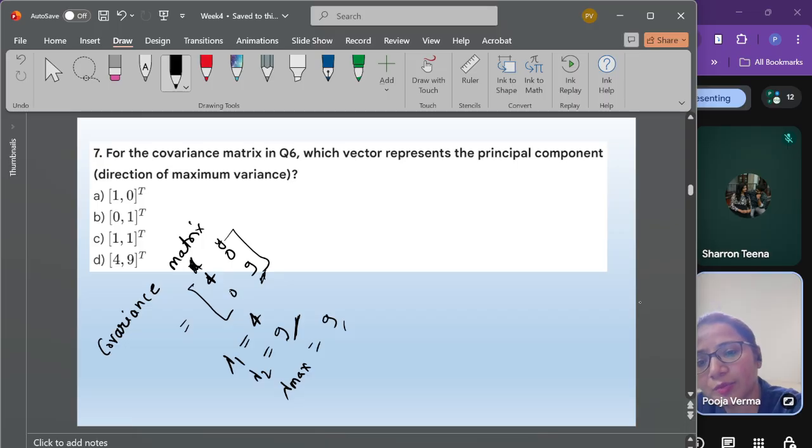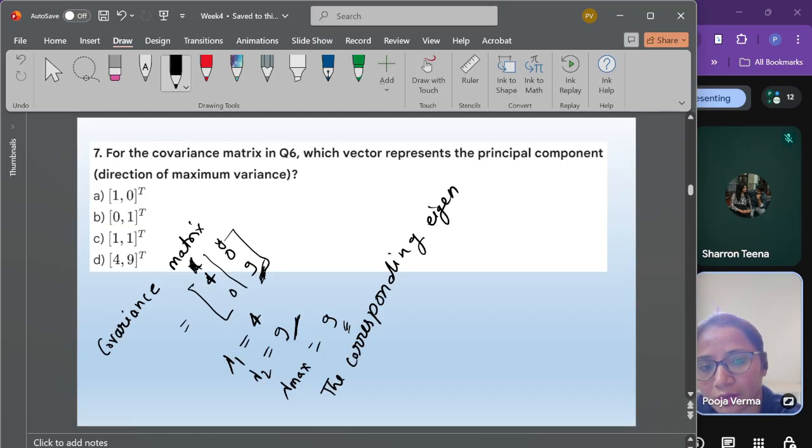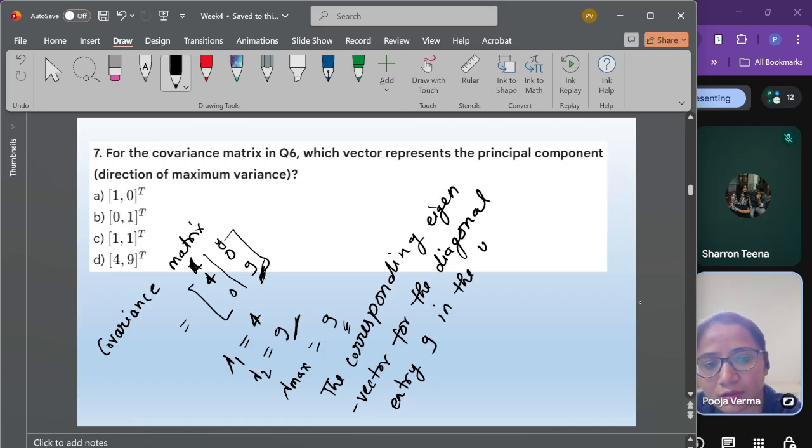This column represents the direction x, and this one is related to y, right? The corresponding eigenvector for the diagonal entry 9 is in the y direction.